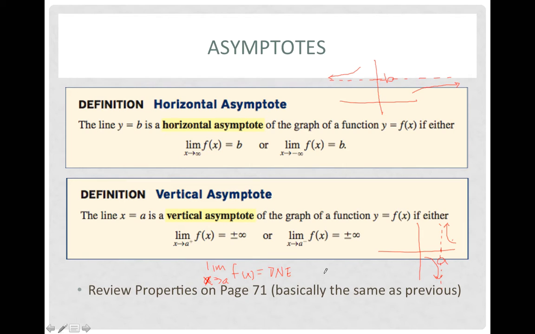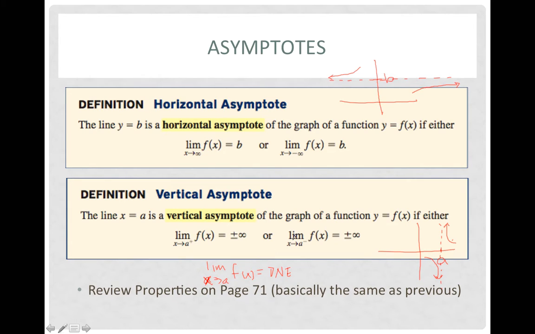Now, since we're technically dealing with infinities, mathematically speaking, we have to restate our properties. But I discussed those properties last time, and they're basically the same properties as lesson 1, where if it was the limit of a sum, it's the sum of the two different limits and that sort of thing.